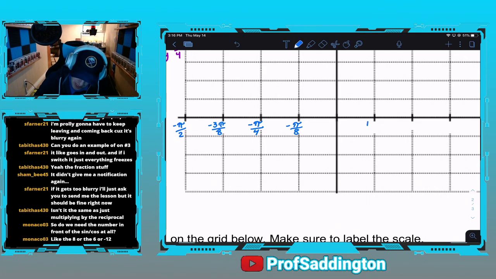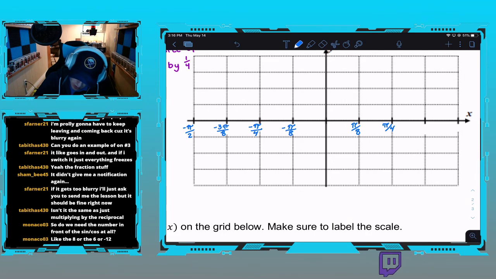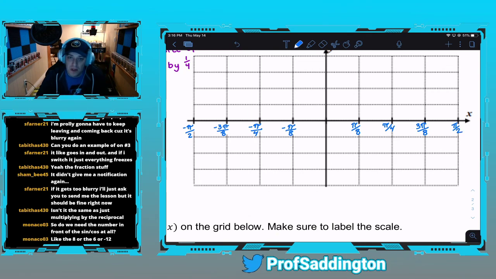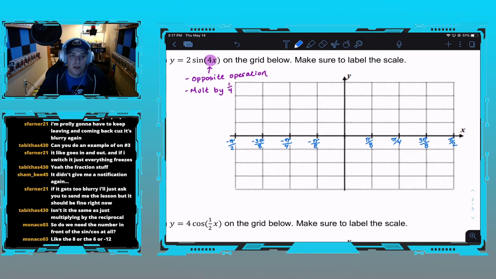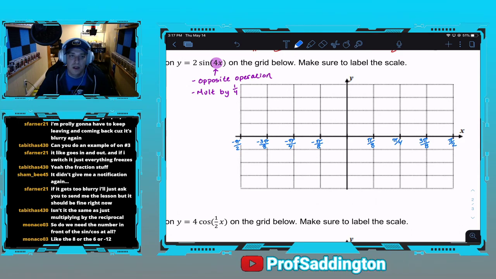So I have the positive pi over 8. I have the positive pi over 4. I have 3 pi over 8. And I have pi over 2. Okay? So we now figured out the frequency. We also figured out the period.